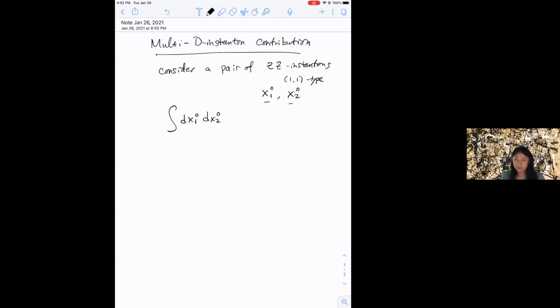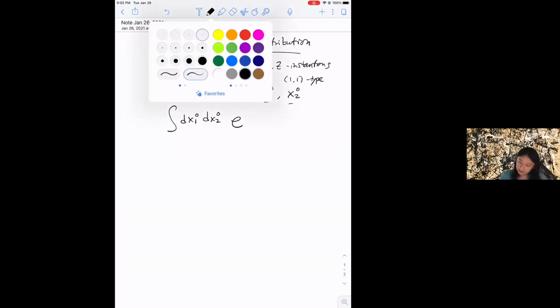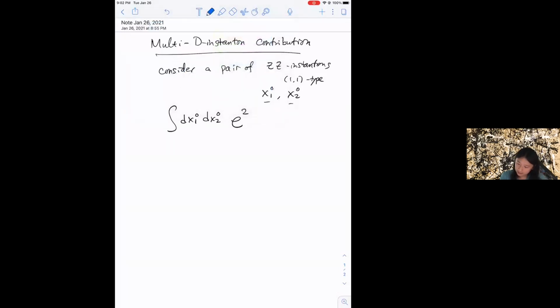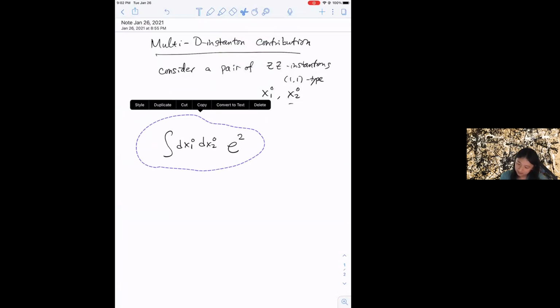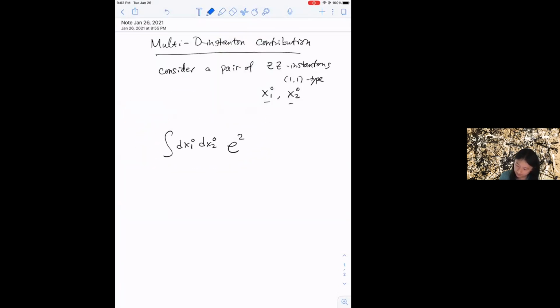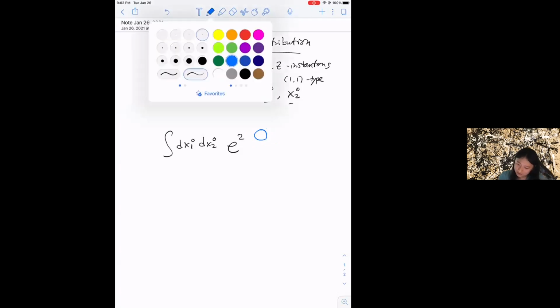However, if you have two instantons, then you have the exponentiation of this annulus diagram, with one boundary ending on the one instanton and the other boundary ending on the other instanton. Let me use a different color.